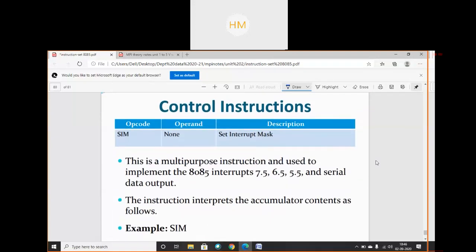This is a multi-purpose instruction and is used to implement the 8085 microprocessor interrupts and serial data output. When I want to transmit data to any peripheral device, I can use the SIM instruction. And the first usage of the SIM instruction is to implement 8085 interrupts.